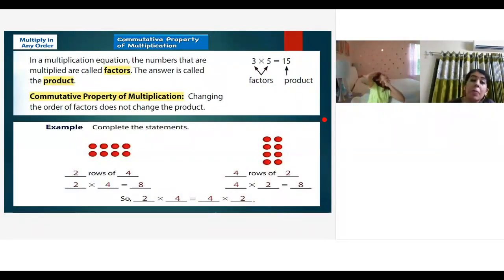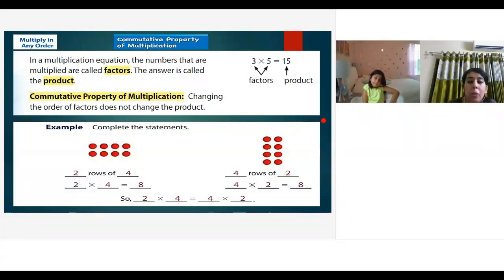Okay, now comes the commutative property. Spell it. Commutative property. Commutative property of multiplication. Read it. Commutative.